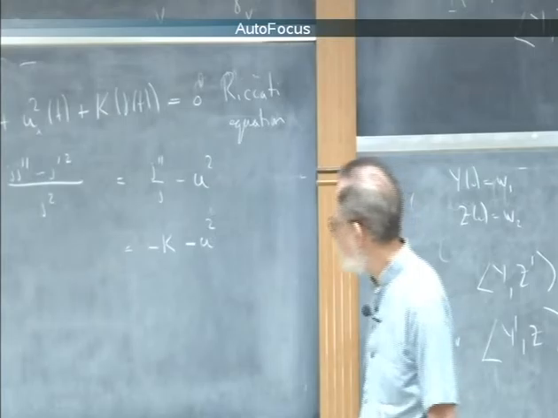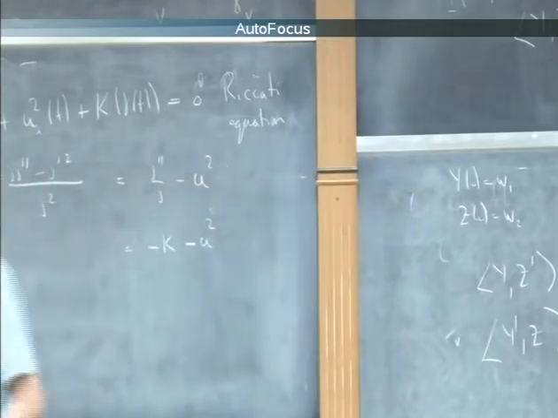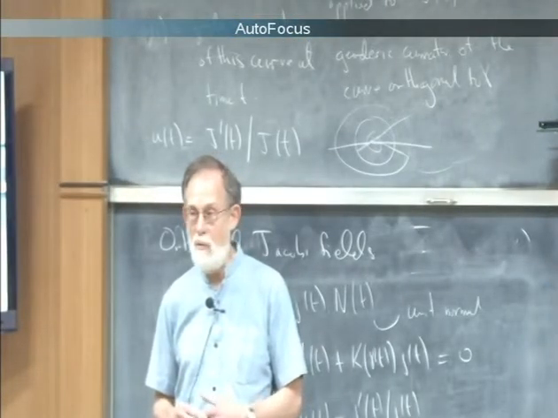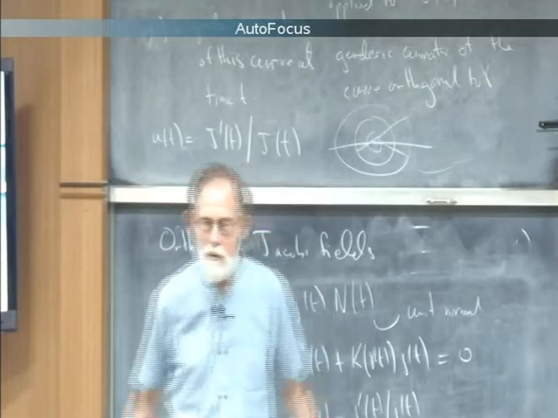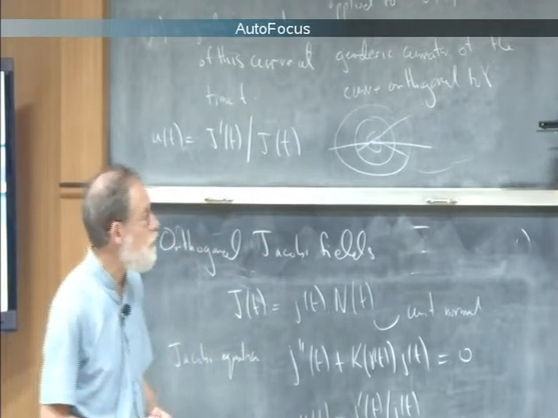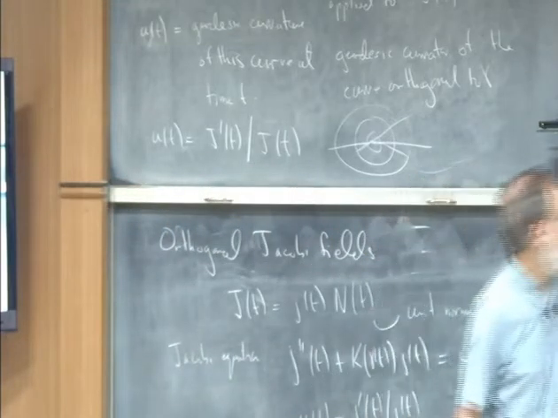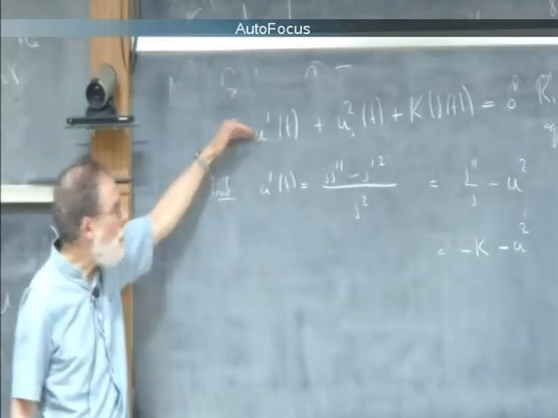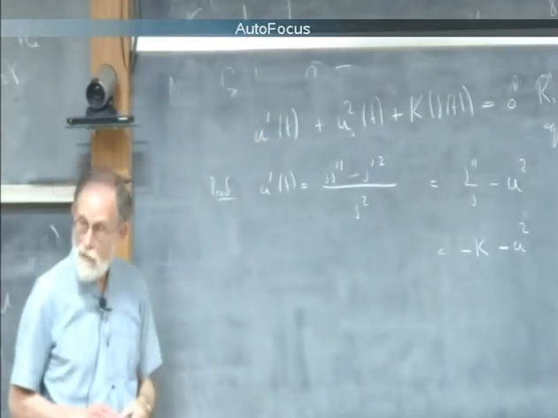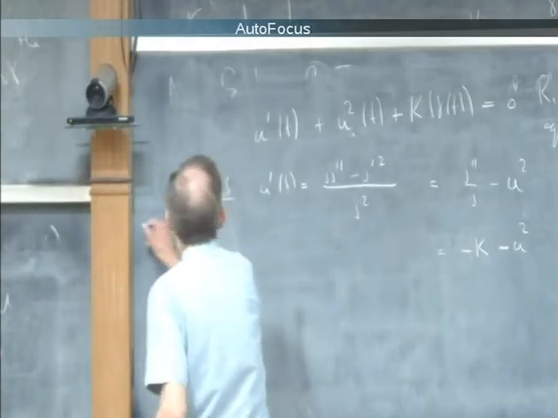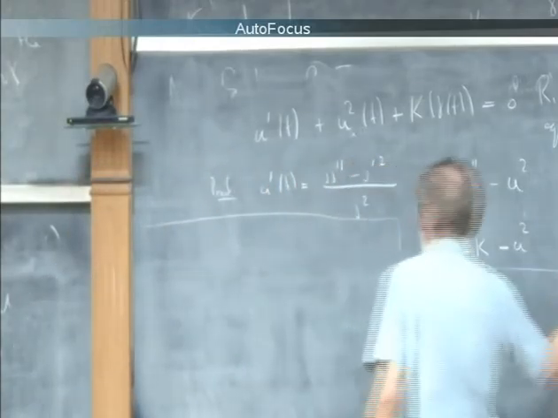And if you want to build surfaces in which geodesics do things that you want them to do, or if you want to control the behaviour of geodesics in a surface, usually you end up thinking about the Riccati equation. It's very, very helpful. Okay, so that is the Riccati equation.